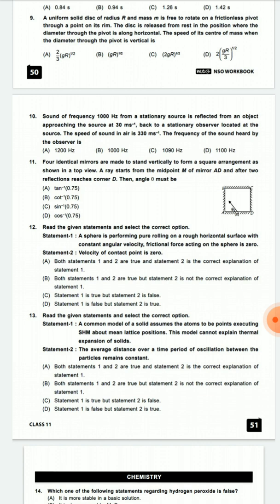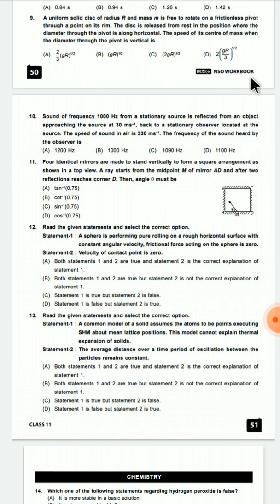Hence cot theta will be 1 by tan theta, the reciprocal of tan theta, so cot theta equals 3 by 4. If you divide, the answer will be theta equals cot inverse 0.75, or 1 by cot 0.75. Option B will be the answer.